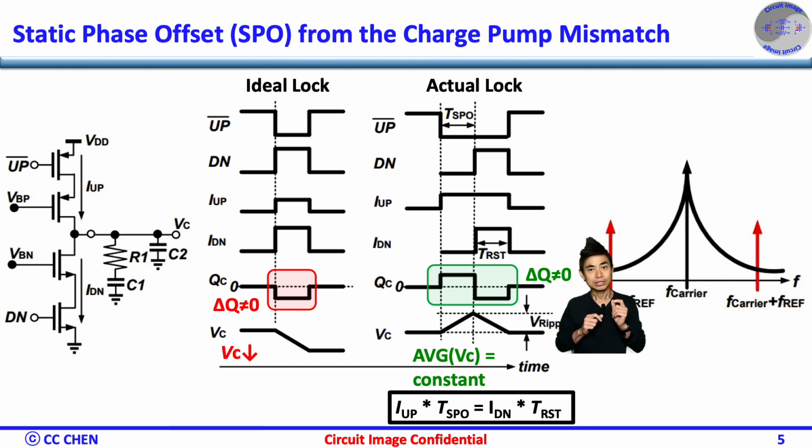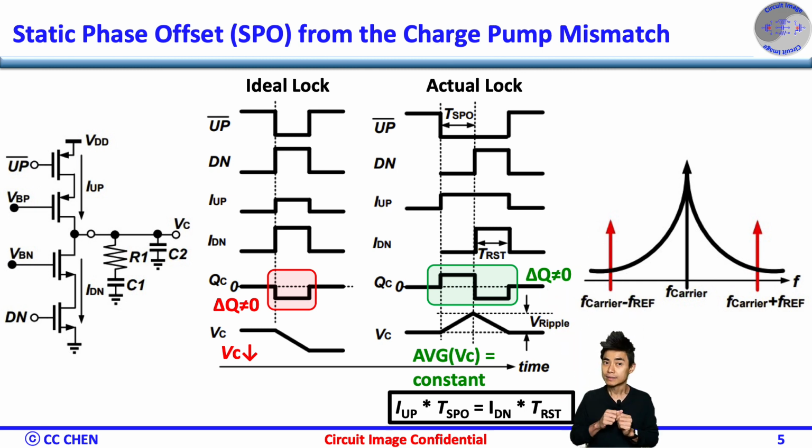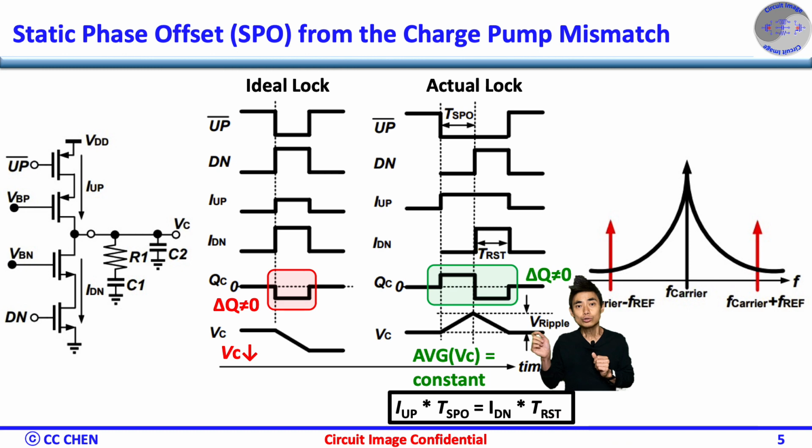Positive charge equals the negative charge, and then I up times phase offset equals I down times the reset phase. Then you should see the control voltage will go up and down later in each reference period.